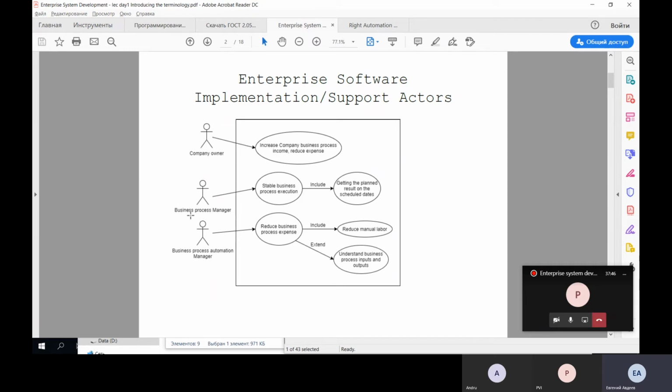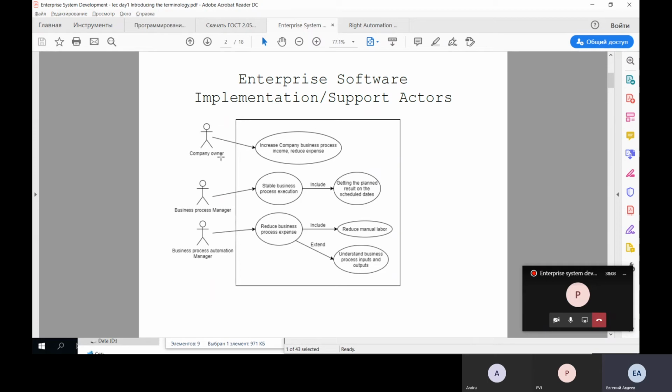Also, we have the business process manager. He works with business process execution. So usually he is under the company owner. They work together, but his actions are about providing stable business process execution.